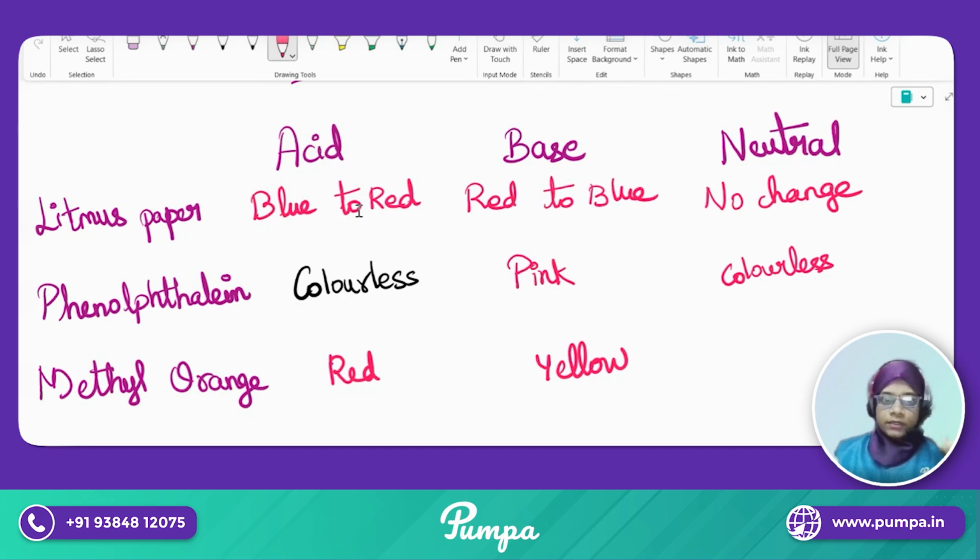Mostly it stays orange-yellow in neutral. But mostly we won't try for neutral solution. We will test this mainly to find out whether it is an acid or base.